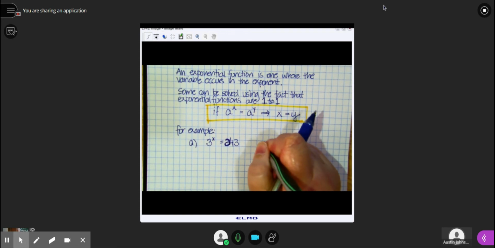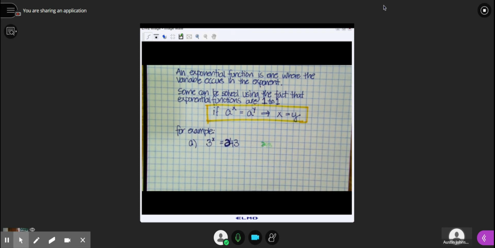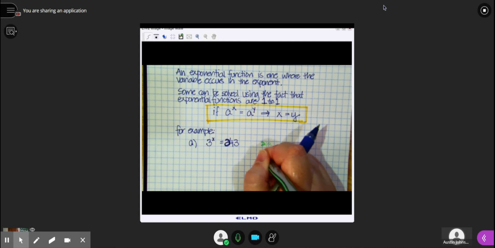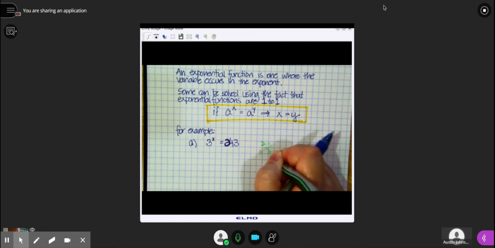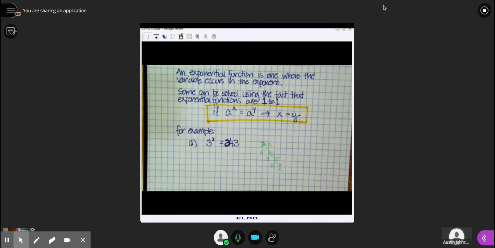Okay, so 243 is 3 times 81, which is 3 times 27, which is 3 times 9, which is 3 times 3.